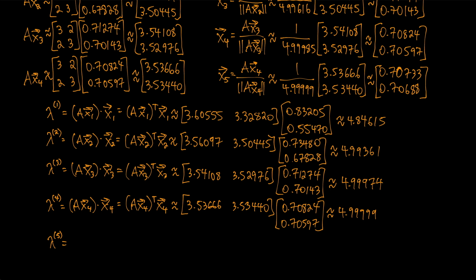Last but not least, for lambda 5, we have Ax5 dotted with x5. So Ax5 transpose x5.